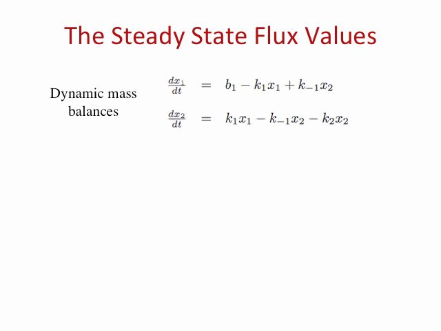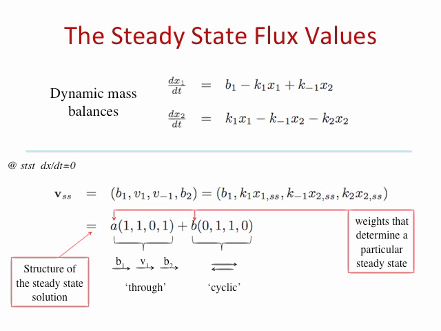Now, here are the dynamic mass balances, which are the same as those we had in chapter 4, except I have a boundary flux coming in, creating x1, and a boundary flux leaving, draining x2. At the steady state, these derivatives are equal to zero.